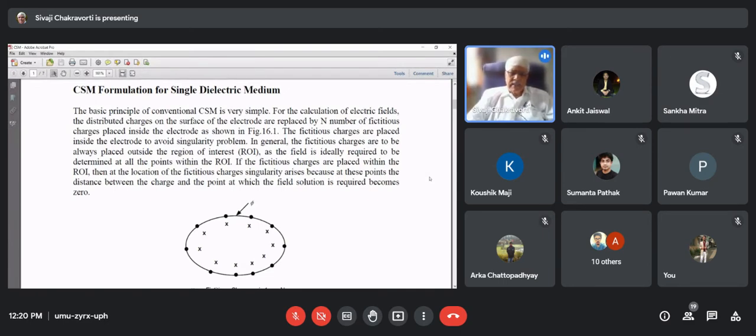Where are the charges in the case of an electrode? On the outer surface. Correct, you are absolutely right. It is on the surface of the conductor. Why is it so? Why only on the surface, why not in the volume? Because the inside electric field is zero.